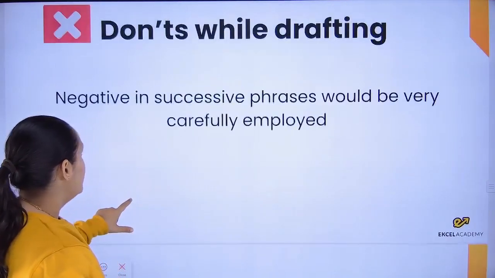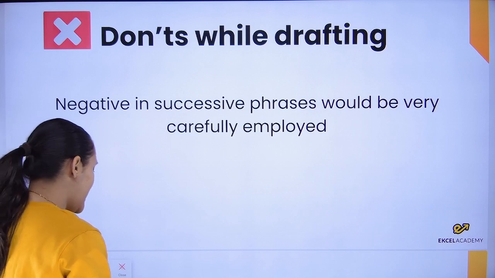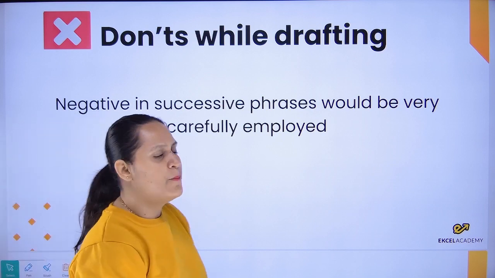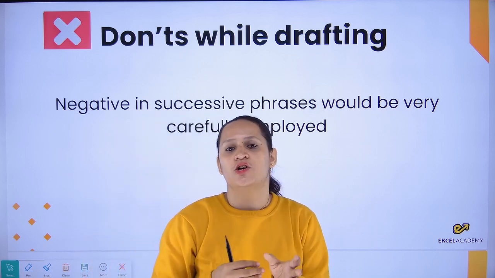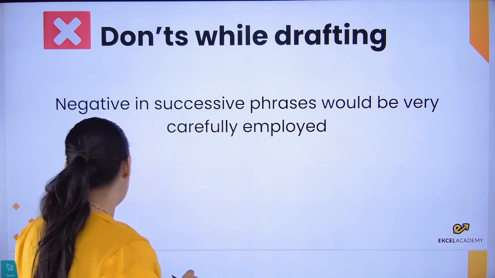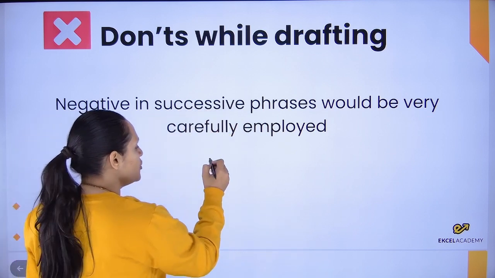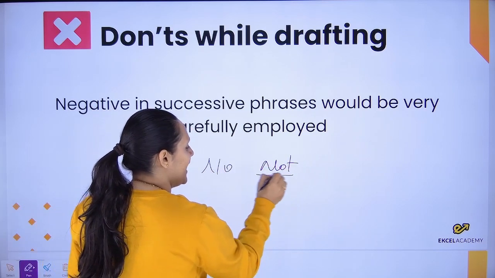Next. Negatives in successive phrases should be very carefully employed. As far as possible, we should use positive sentences rather than using the words no, cannot, should not or will not. Wherever possible, the use of the words no or not should not be encouraged as such.